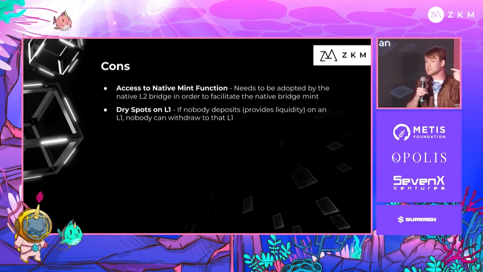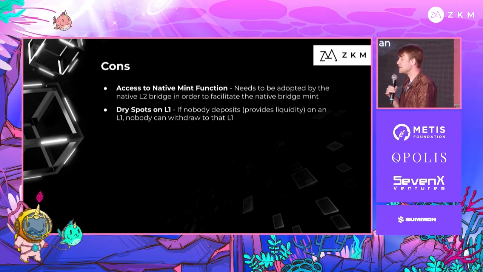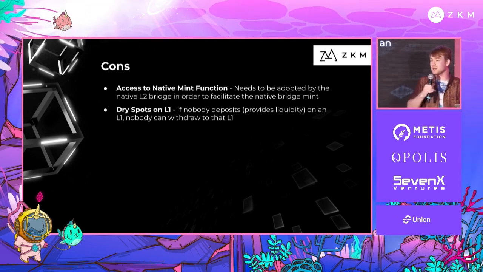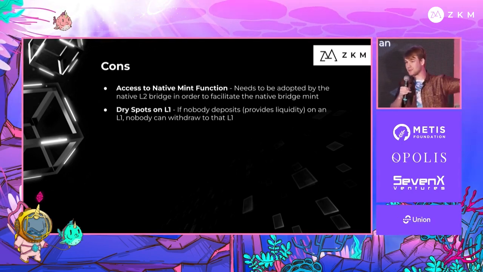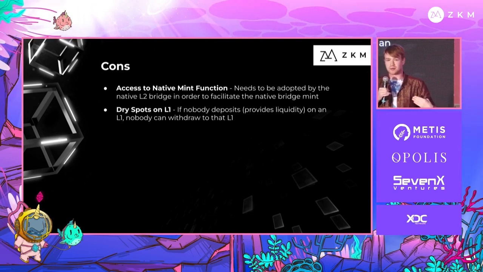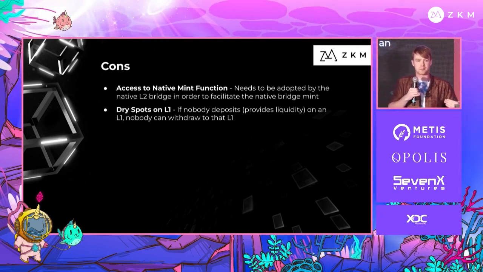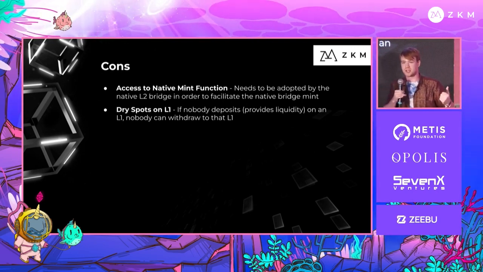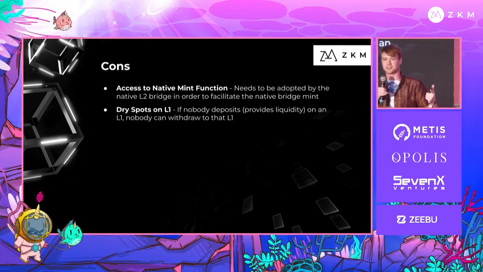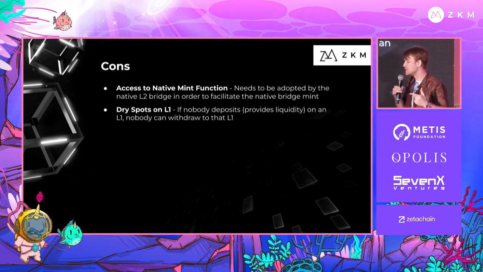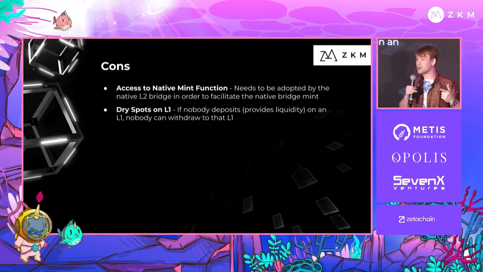But every single time any chain adopts this, it increases the liquidity of the entire network. So we're seeing a lot of L2s pop up, a lot of implementations, some privacy-focused L2s, some compatibility-based L2s. What we can see is that they all have the same problem.